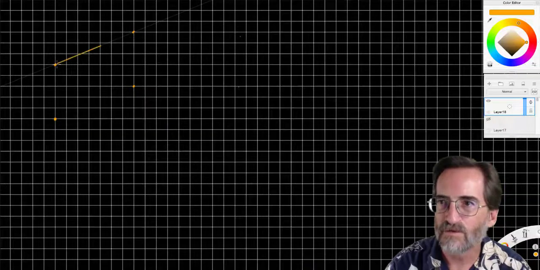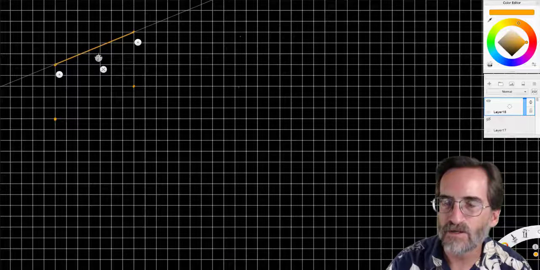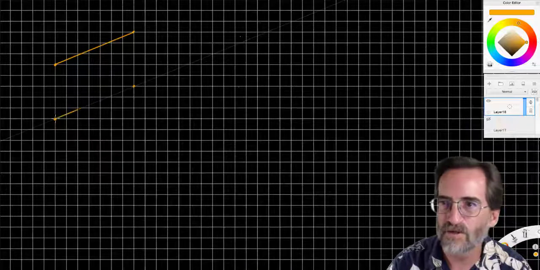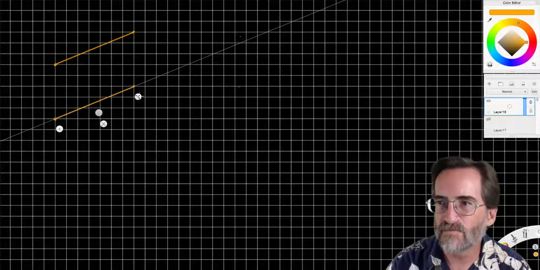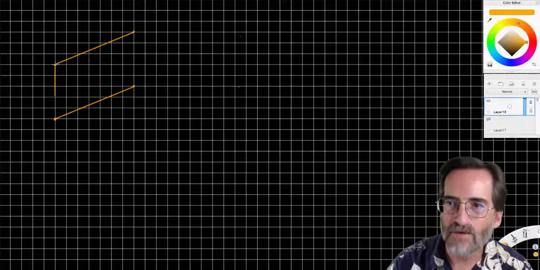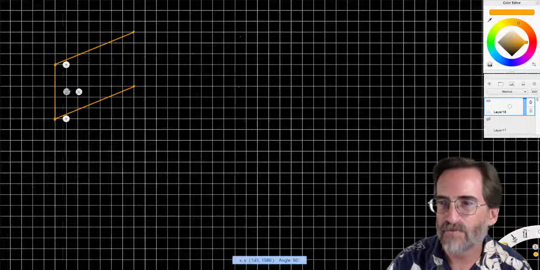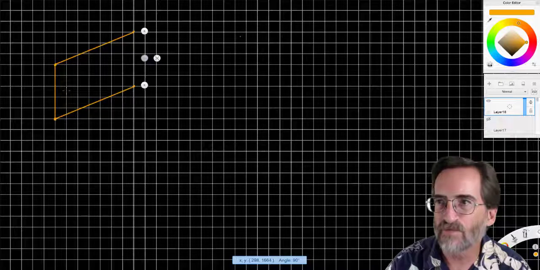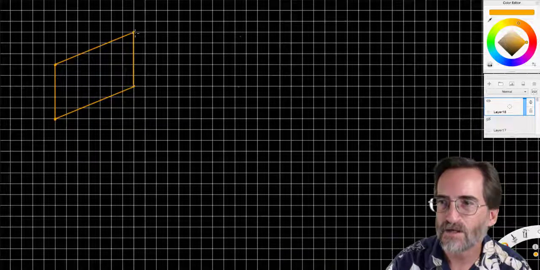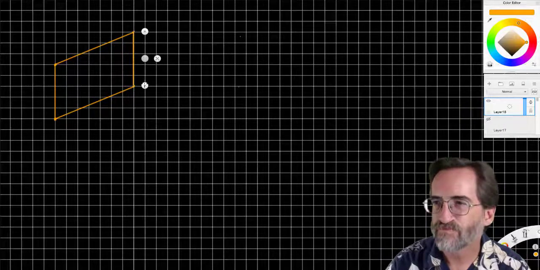Okay, so be aware of that. You cannot use parallelogram properties if you do not first know that you have a parallelogram. We've got some quadrilateral, right? And we're told some things about it, and we're going to prove based on those things that it is a parallelogram. Okay?